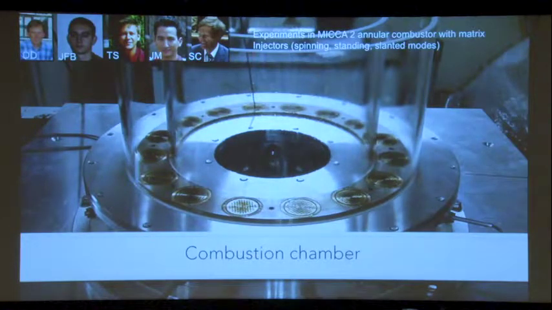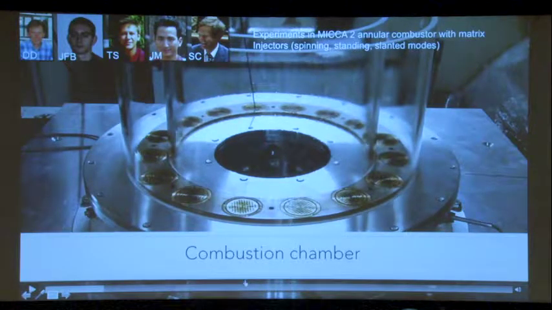In this case, we ignite it with a spark, but then we take out this wire. It's extracted from the chamber. Like that, everything is perfectly smooth. There is nothing that may keep a standing mode somewhere. So it's really clean. Injectors. So we will see spinning, standing, and slanted modes in principle.